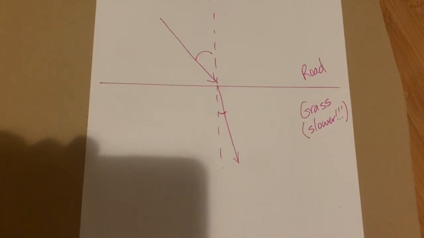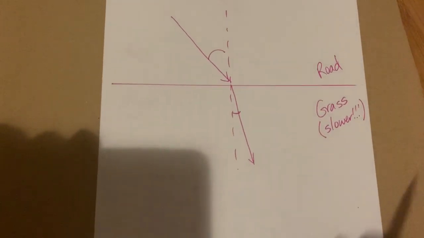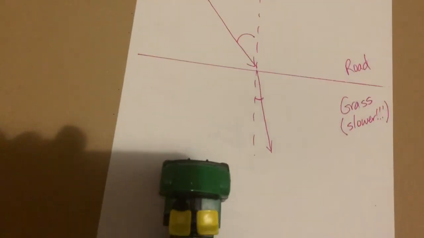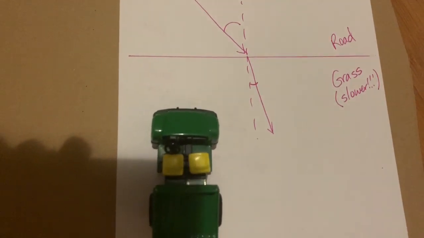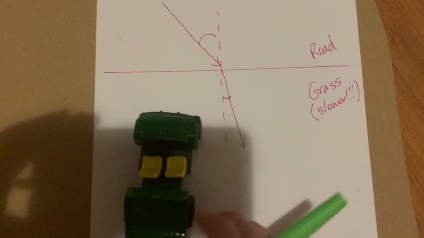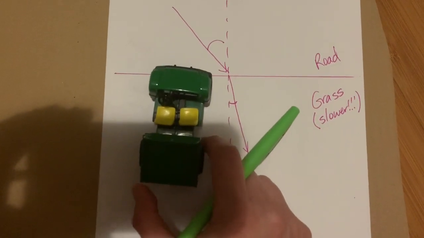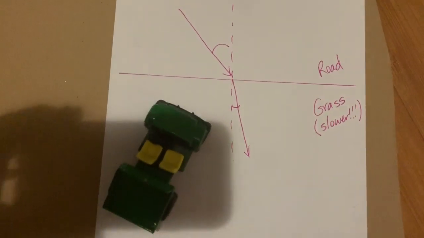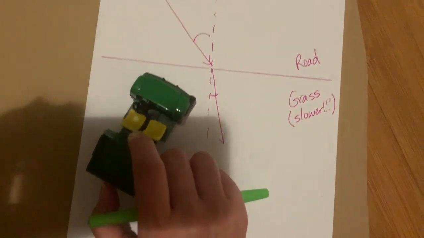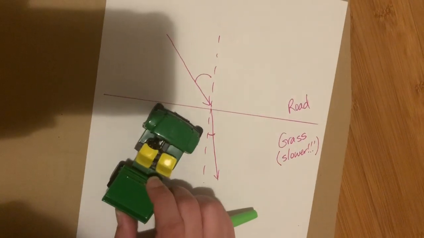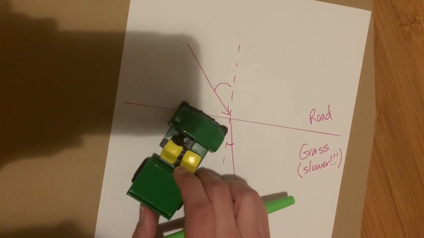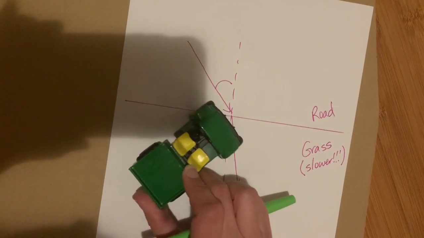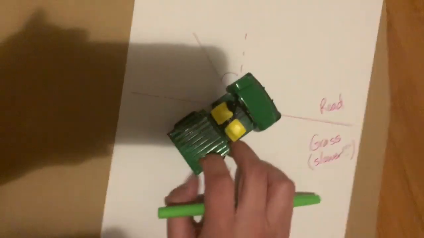All right, well, what if we were to do the opposite, right? So what if we were to start in the grass and go up into the road? In this situation, we would be going from a slower to a faster. And so if we were to have an angle like this, then we would have that first tire hit and speed up, which would deflect it away from the normal.